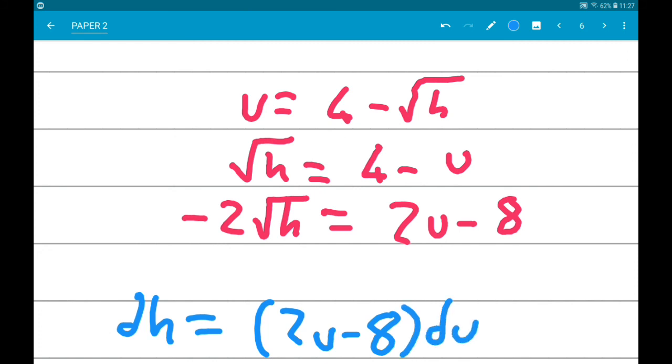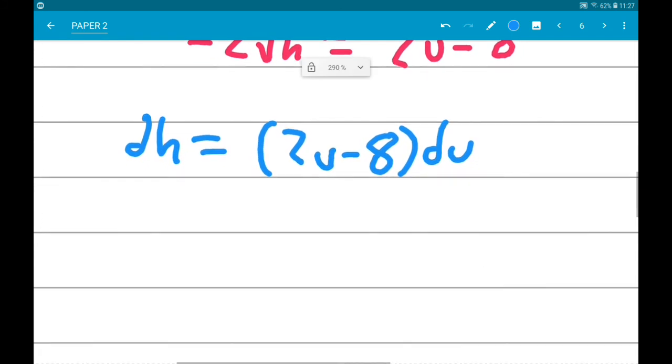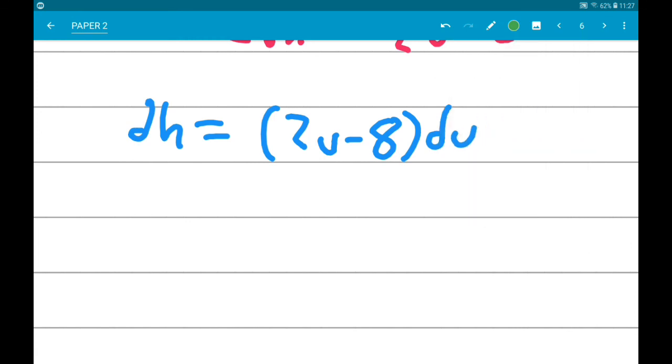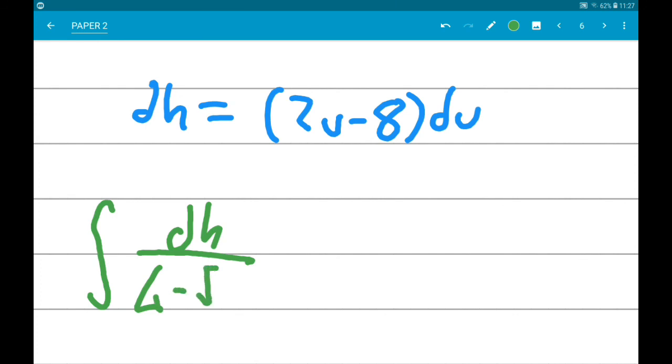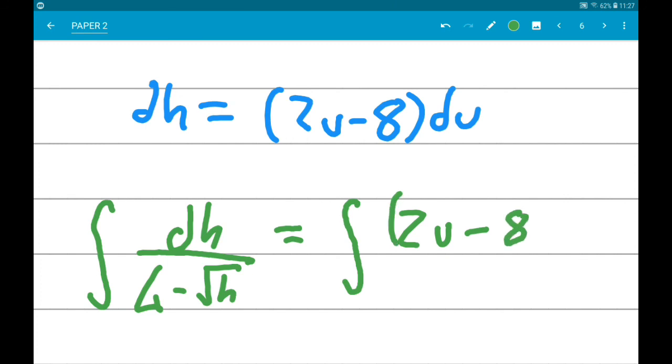Alright, so now that we know that, we can now say then that the integral of dh over 4 minus root h is the integral of 2u minus 8 du over u.